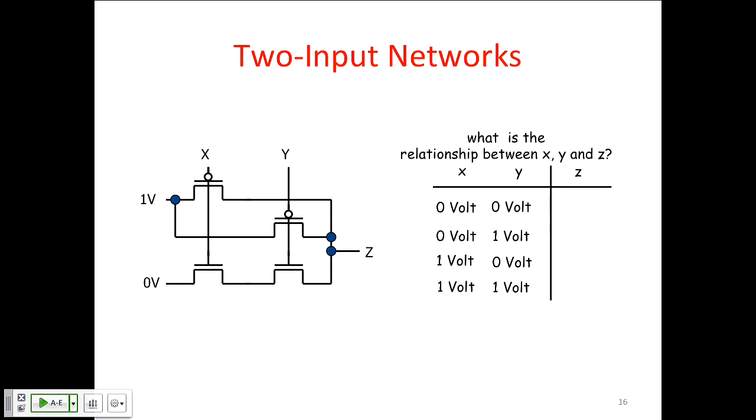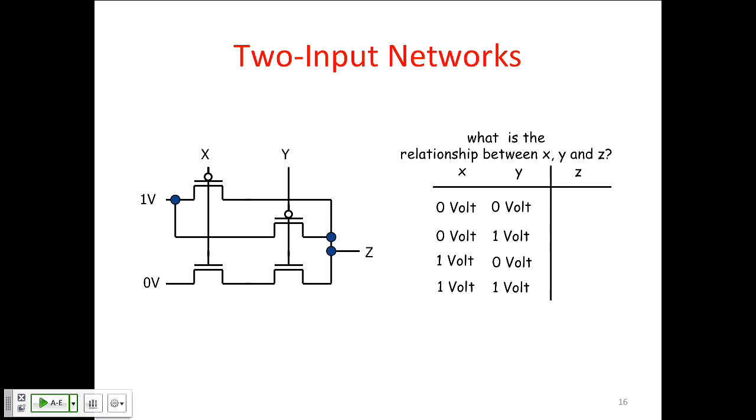Okay, if X is 0 and Y is 0, first of all, if X is 0, what does that mean? Is this on or off? It's on. So if this is on, these 2 are connected, so 1 volt will appear here. What about this one? That's off, right?